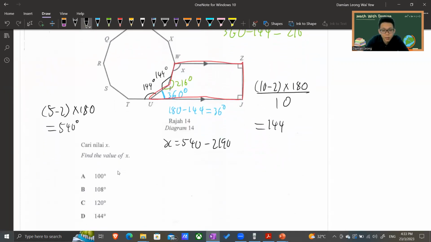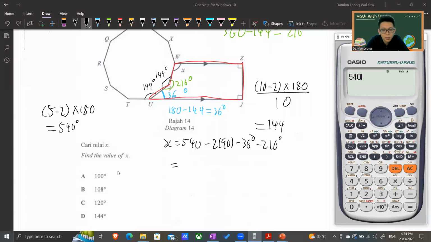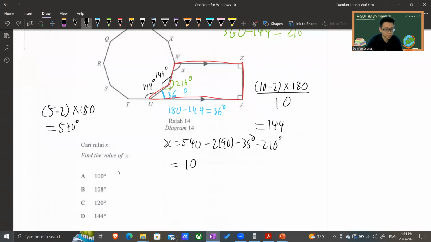Minus 90 degrees, minus 90 degrees, minus this one, 36 degrees, minus this one, 216 degrees. So 540 minus 2 times 90, minus 36, minus 216. So it'll be 108 degrees. Yeah. Answer is B.